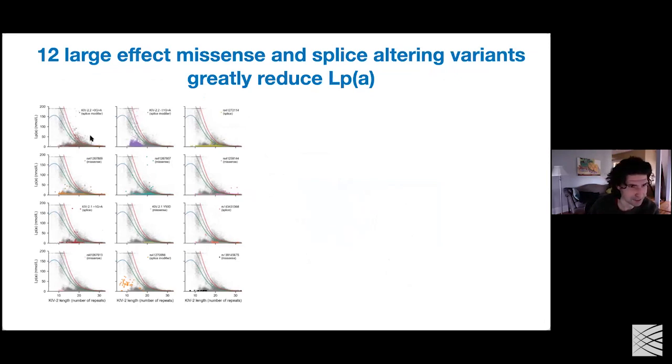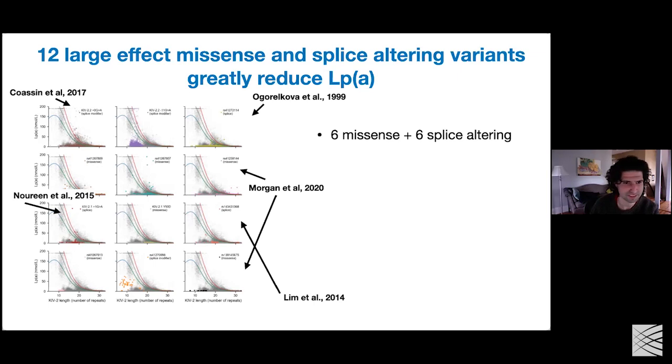These are the top 3 I just showed you, the 2 splice variants in the KIV2 region and the Ogorelkova splice variant. So 6 of these are missense and 6 are splice altering. 6 of them, some mix of missense and splice altering, also had literature support for their causal effect on lipoprotein A concentration.